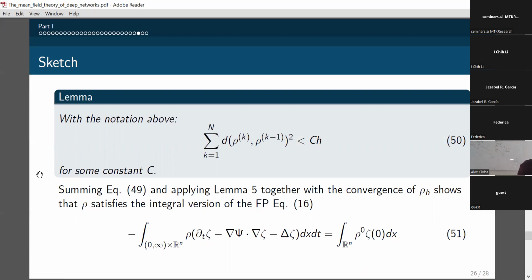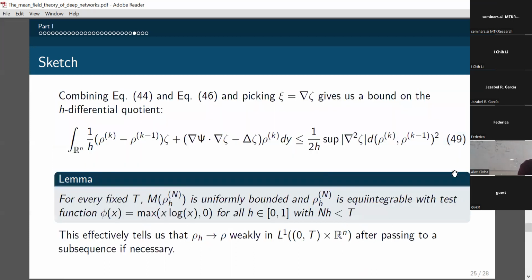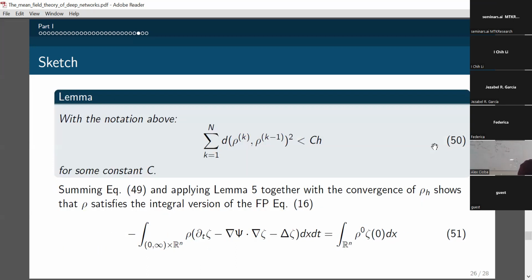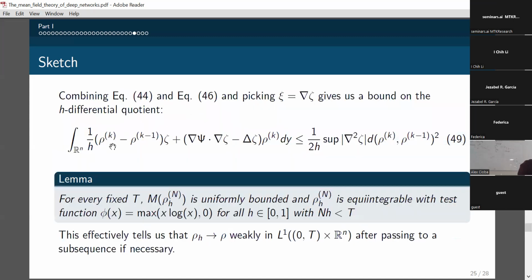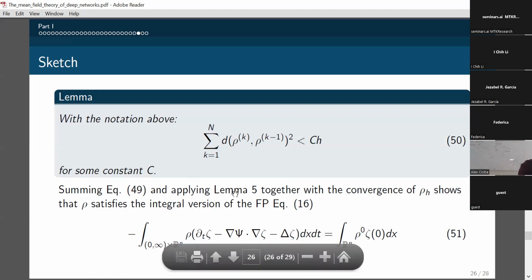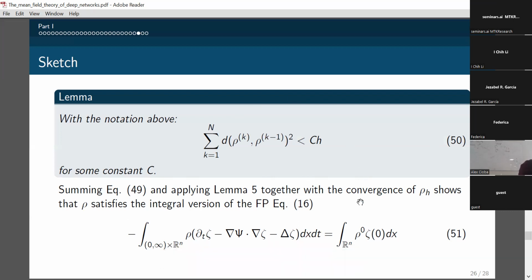All right, okay, but nevertheless, summing equation 49, which is this, and passing to the limit as k tends to infinity allows you to recover the integral version of the Fokker-Planck equation, which means that anything that satisfies this is a weak solution to the differential version, which is exactly what we wanted.